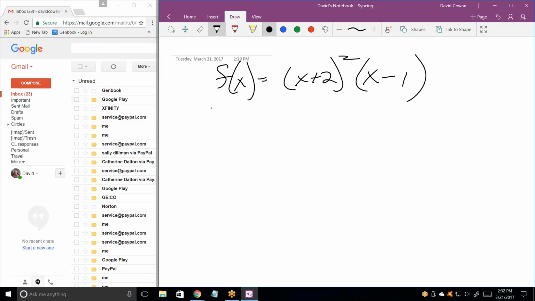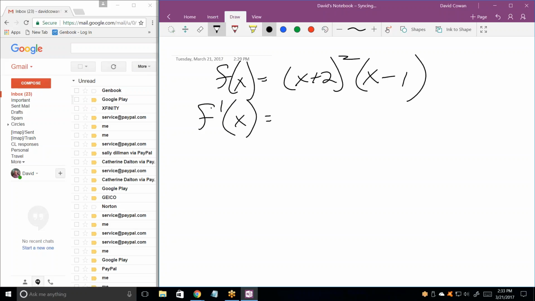So, what's the first derivative? x squared plus 4. Oh, now, hold on. What we want to apply here is the product rule. You can use either order.